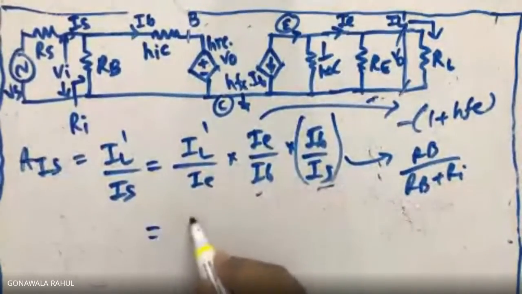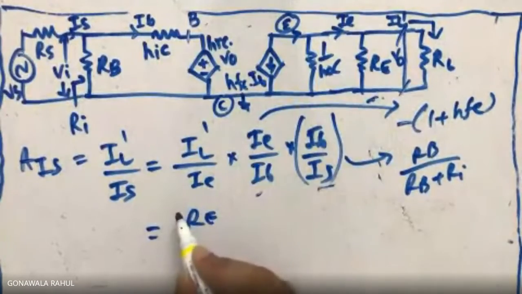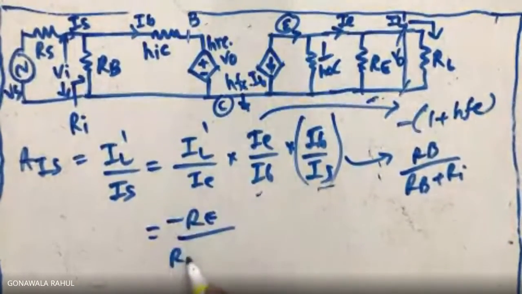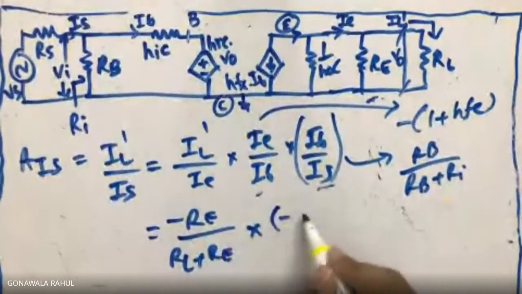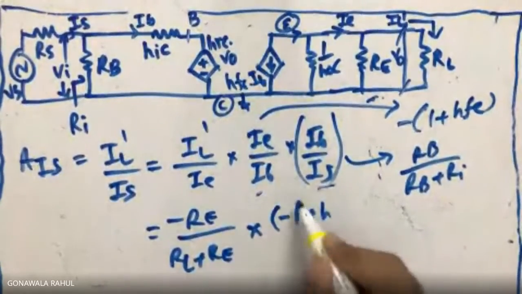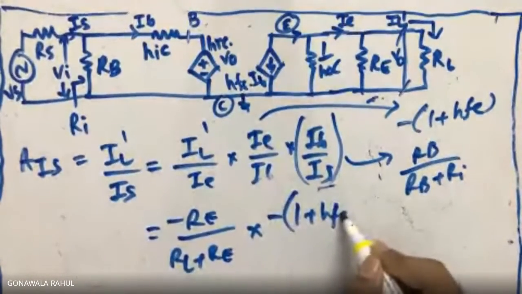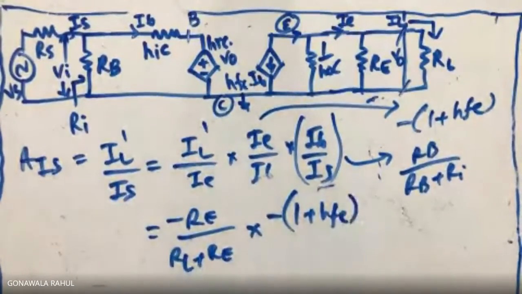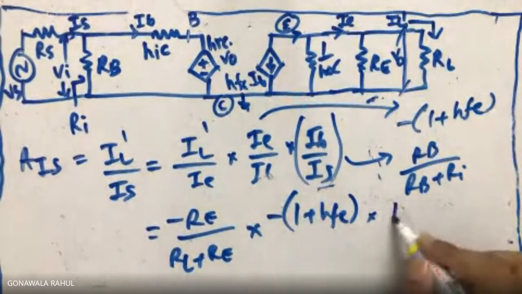I am putting that Re, but the direction is negative, so that will be minus Re upon RL plus Re, into minus 1 plus HFE, into Ri.